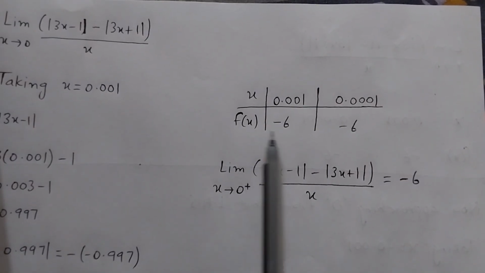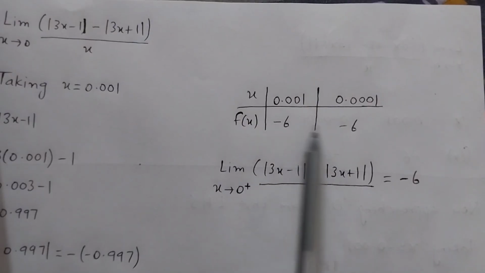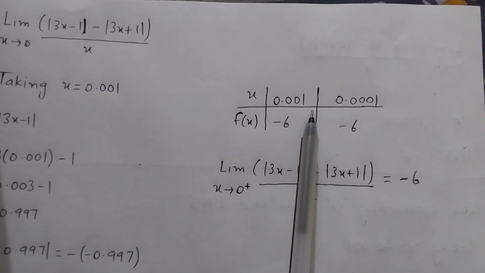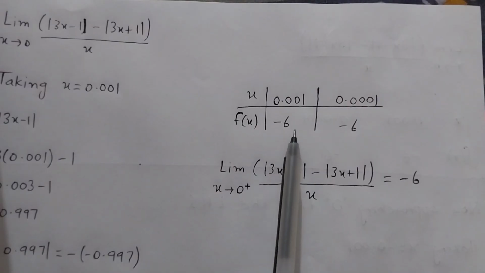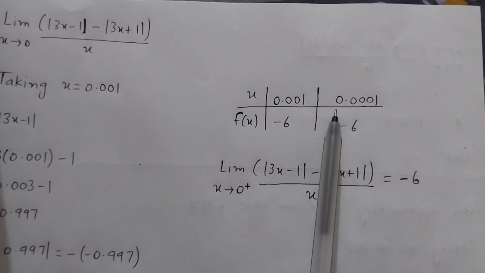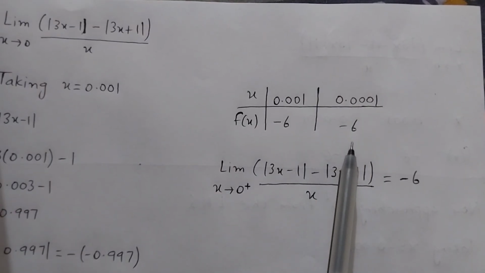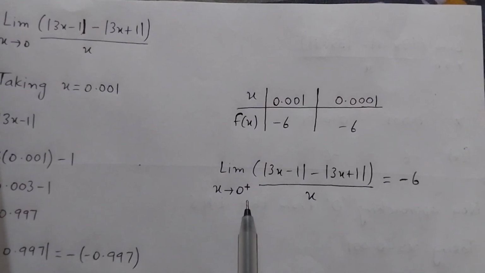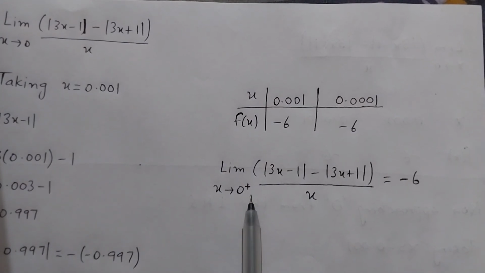Here I have drawn a small table for this. When x is equal to 0.001, we get f of x equal to -6, and for 0.0001 we get the same answer. And this is the notation for approaching 0 from the right hand side: we put a small positive sign on 0. This indicates that the right-handed limit is equal to -6.